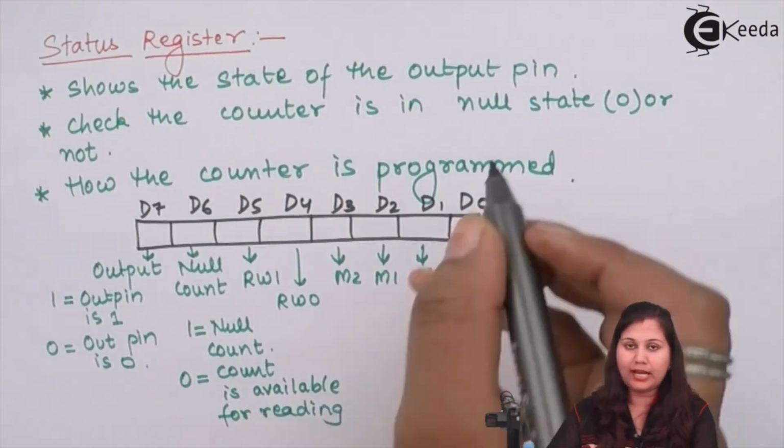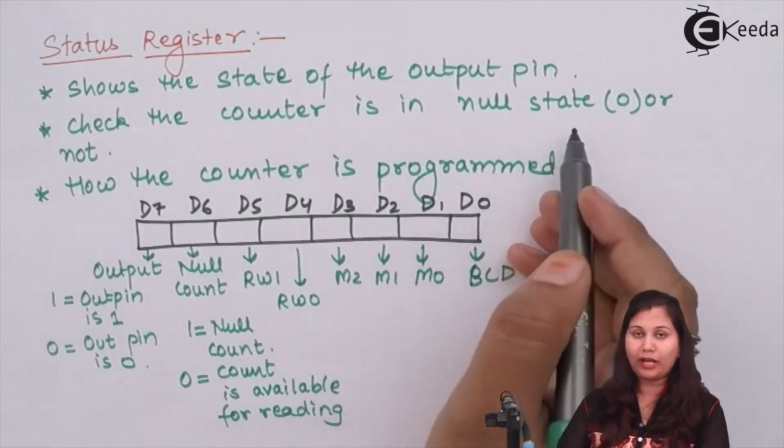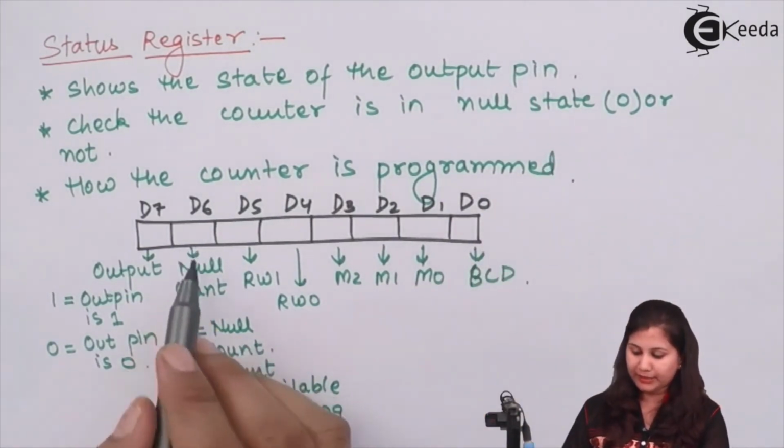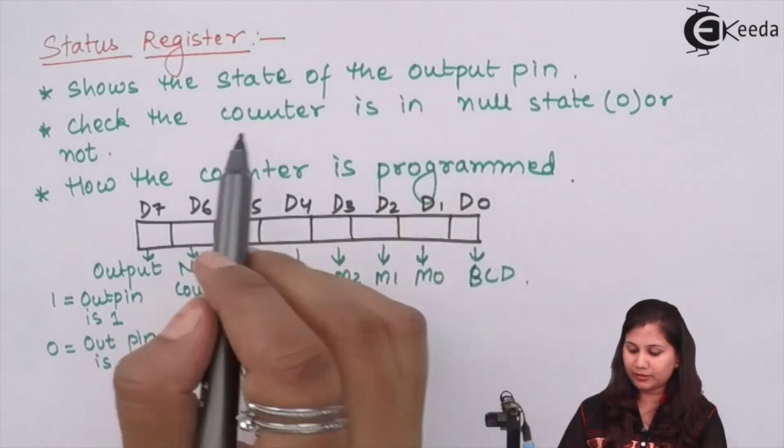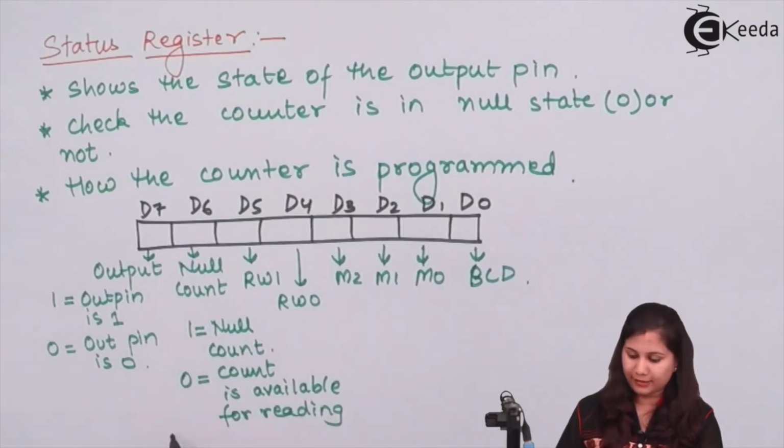Null state means that the counter has reached a value of 0. So when the 0 value is reached, this bit is set, and when the count value is available for reading, then this bit is reset, meaning it is 0.